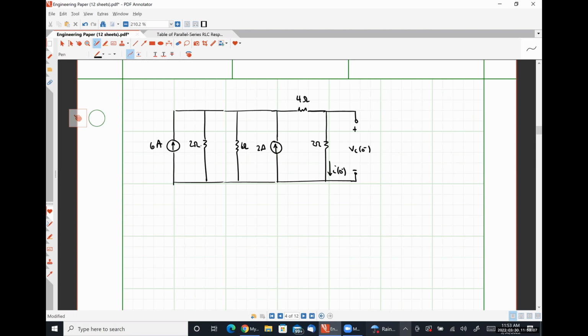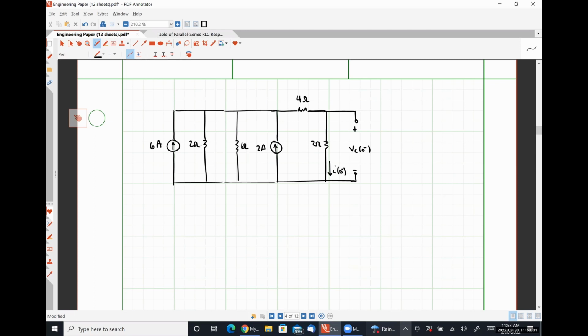Now we'll talk about the combinations that we can make here, okay? So 6 amps in parallel with 2 amps looks like 8 amps. Now 6 ohms in parallel with 2 ohms is 1.5.